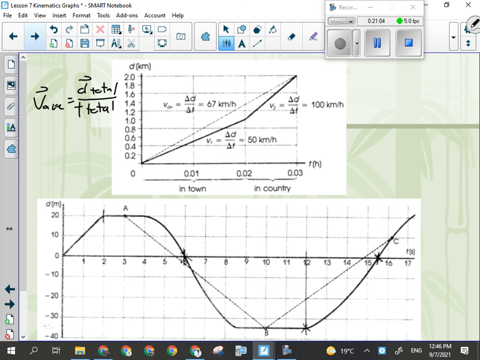In this case, we want to take the total displacement divided by the total time. The reason for that is because if you have a trip like this one, where you travel at one speed for a lot longer than you travel at the other, you need to weight the average in favor of the part of the trip that takes the longest, or that represents the biggest part of the trip.